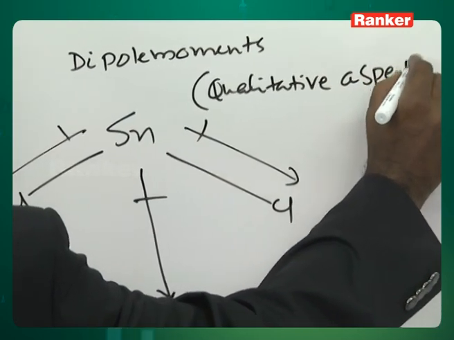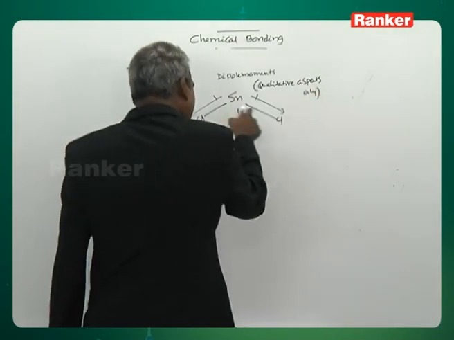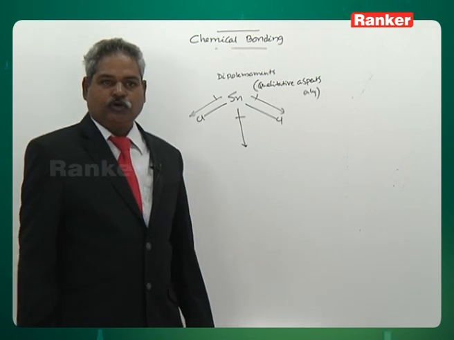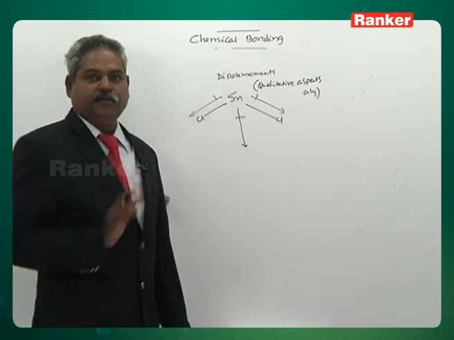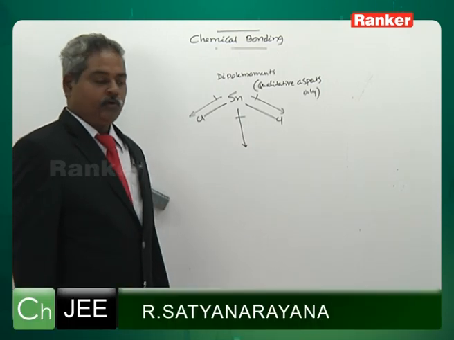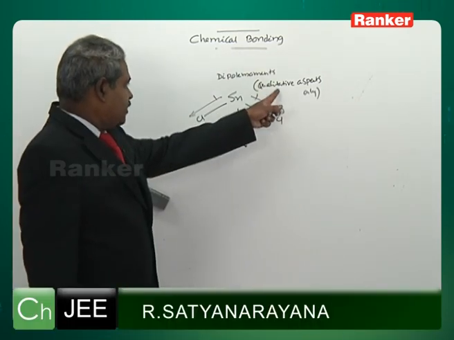Qualitative aspects only means no calculations based on this. You should not do any vector addition, or apply any physics or maths here. Okay? Qualitative aspect, look at the syllabus.